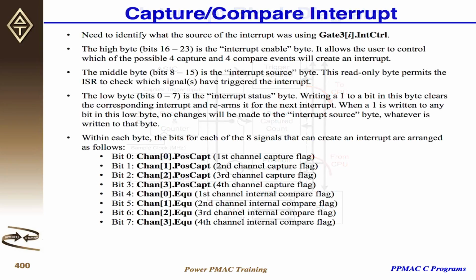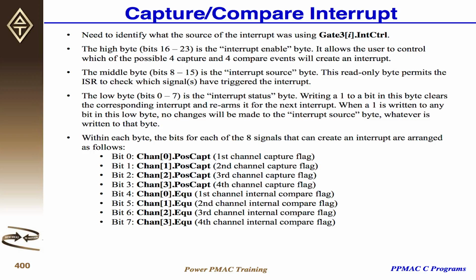So the capture and compare interrupt is controlled by the structure Gate3[i].IntControl. This is a 3-part structure. The lowest byte is the interrupt status. It tells you which interrupt actually occurred. The middle byte is the interrupt source.